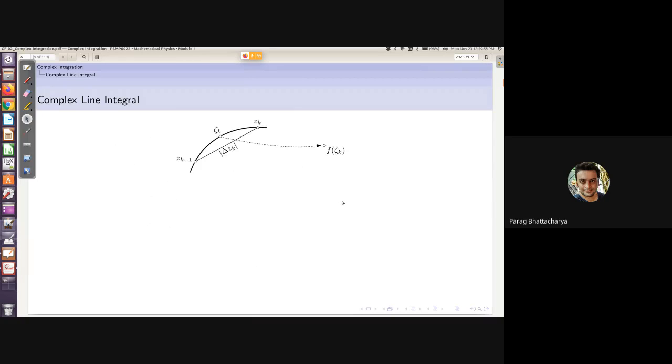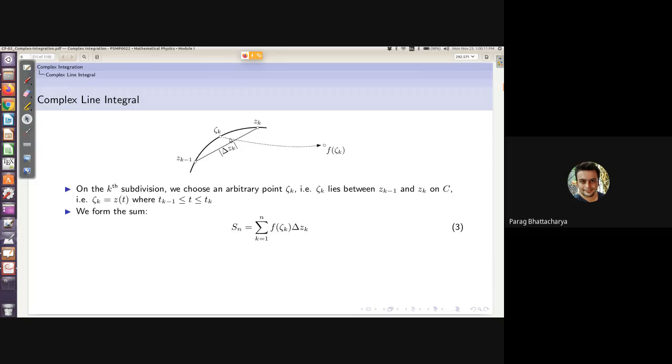Now suppose we take any such sub-interval along this segment. Within this interval, we define a new variable zeta k, and the separation between them is delta zk, and then we form this kind of a sum.